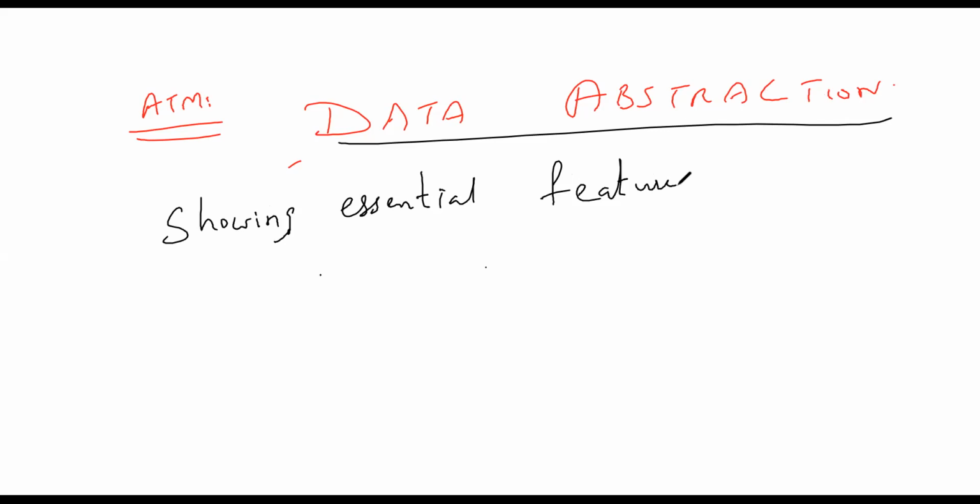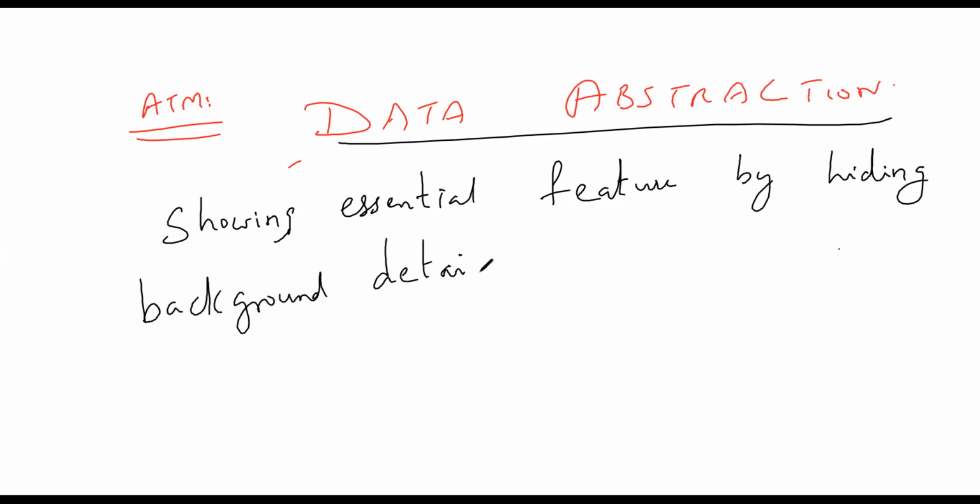Correct? When I insert the card in the ATM, by hiding the background details and explanation. By hiding background details, which means the ATM machine does not tell us which program is used, or it does not explain how this program is written.